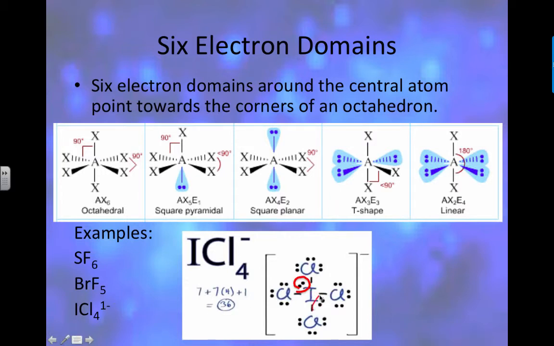So where I've got 4 bonding pairs and 2 non-bonding pairs, the shape is going to be square planar. So these are my equatorial electrons, and then these would be my axial electrons, being like straight up and down in the 3-dimensional plane.